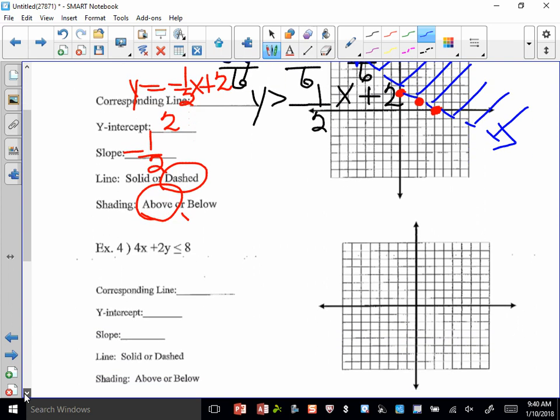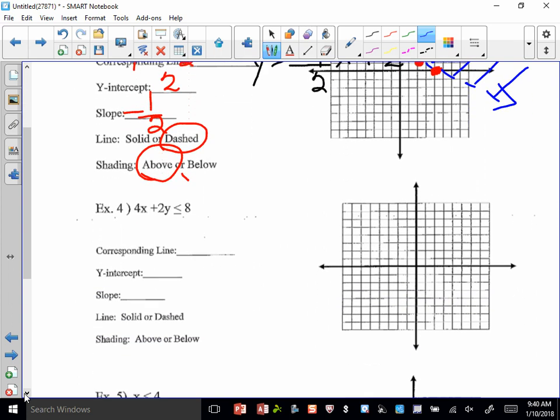So we need to solve this one for y. When I move the 4x to the other side, I'm going to have 2y is less than or equal to negative 4x plus 8. Divide by 2.